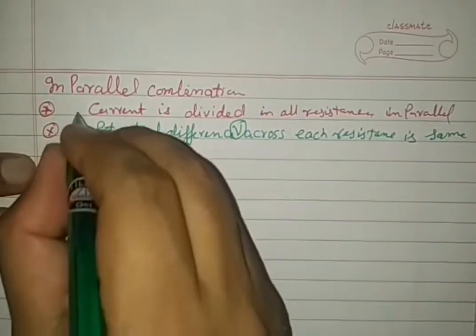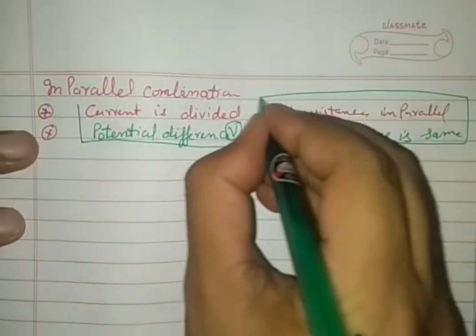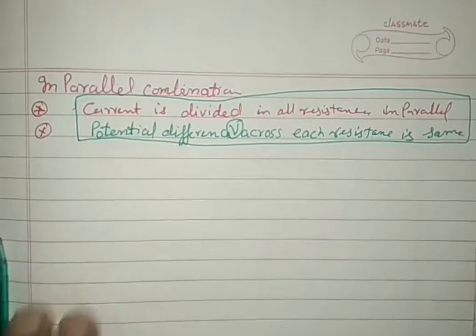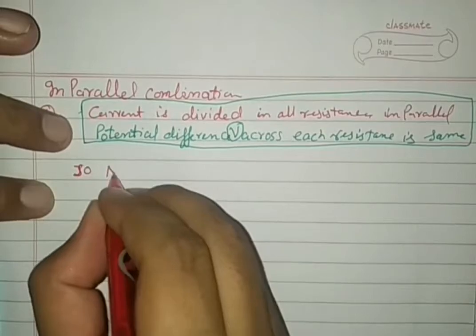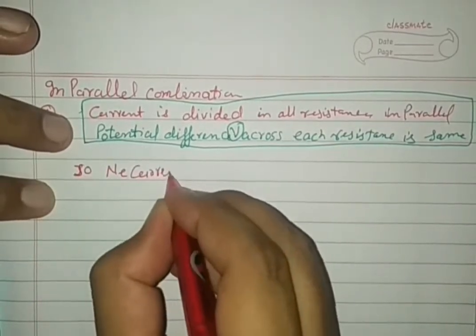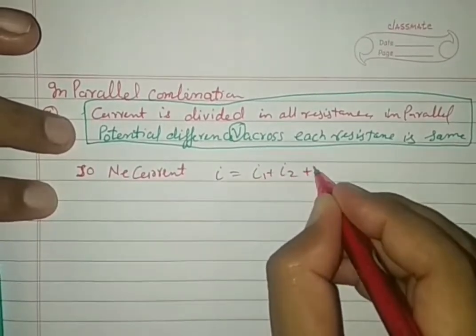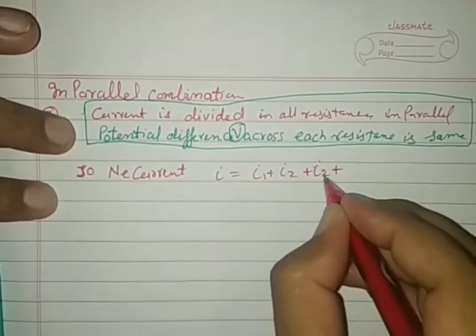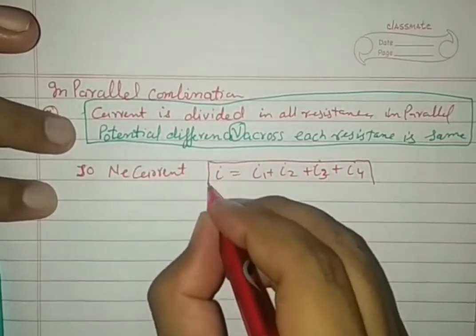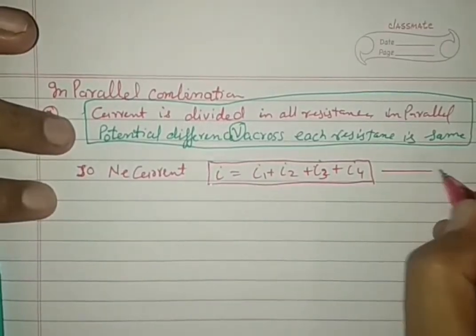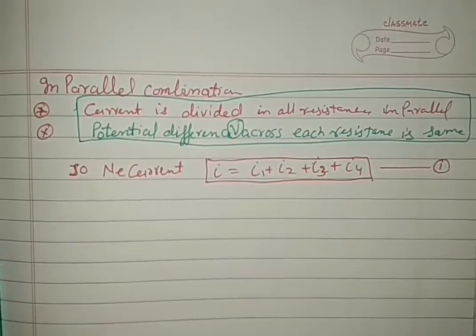So see very carefully, the formula will be derived on the basis of these 2 facts. Current is divided, so the net current I is equal to I1 plus I2 plus I3 plus I4. So the current is the algebraic sum of all these. The net current is this, represented by equation 1.